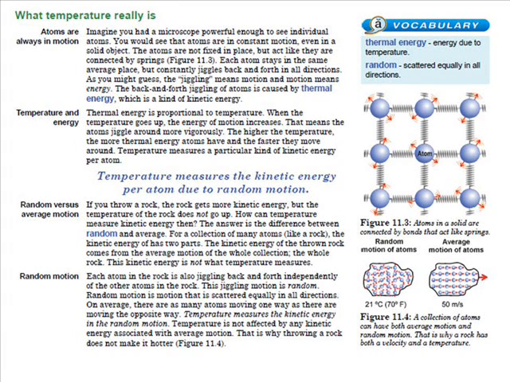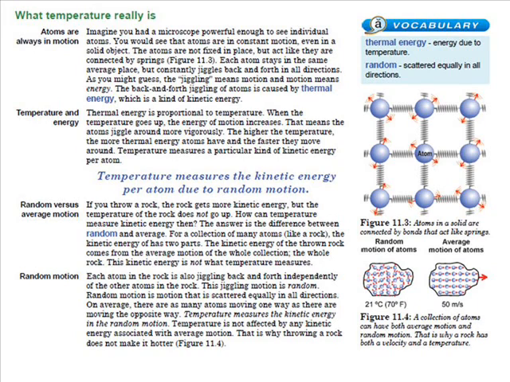The answer is the difference between random and average. For a collection of atoms like a rock, the kinetic energy has two parts. The kinetic energy of the thrown rock comes from the average motion of the whole collection, the whole rock. This kinetic energy is not what temperature measures. Each atom in the rock is also jiggling back and forth independently of the other atoms in the rock. This jiggling motion is random.